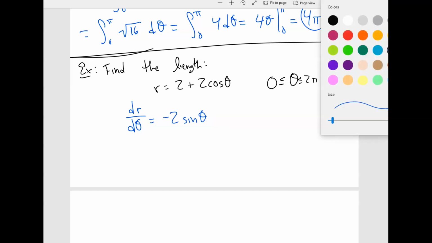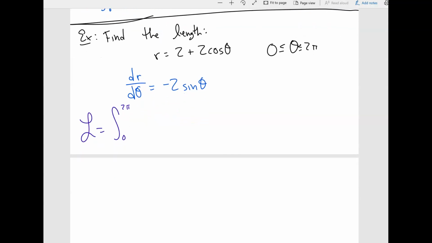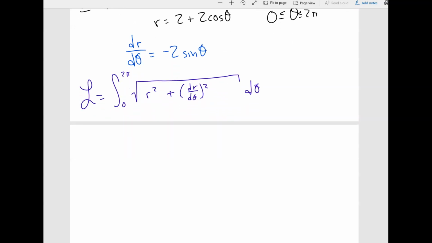So now let's go ahead and plug it into L. So L equals the integral from 0 to 2 pi of the square root of r squared plus dr over d theta squared, d theta. Let's just go ahead and plug it in.